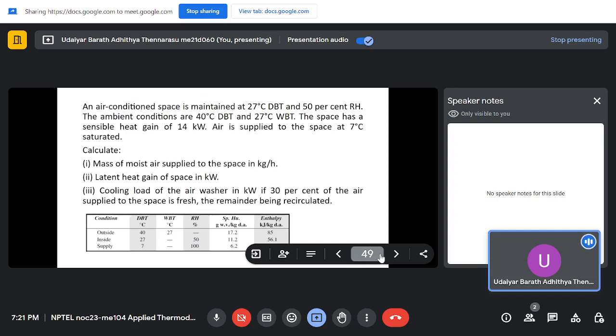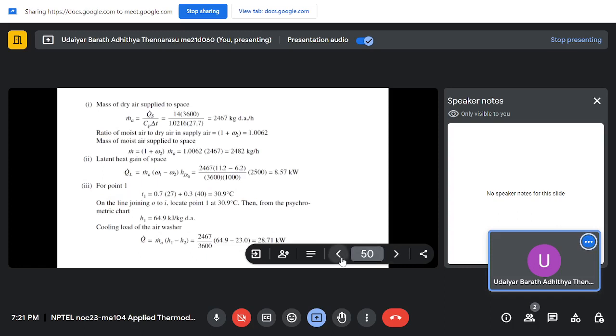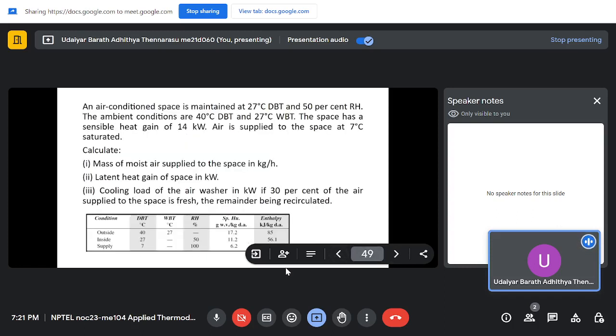So the next question, the last question, is: we have an air conditioned space which is maintained at 27 degrees Celsius dry bulb temperature and 50% relative humidity. The ambient conditions are 40 degrees Celsius dry bulb temperature and 27 degrees Celsius wet bulb temperature. The space has a sensible heat gain of 14 kilowatt.